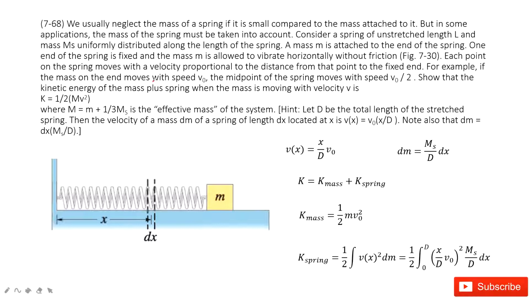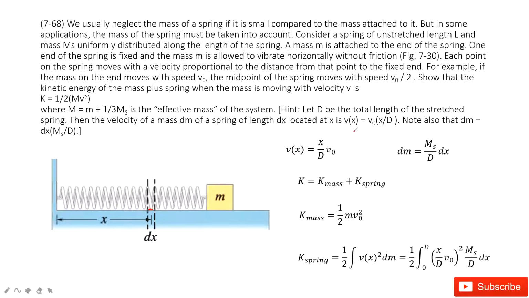It's given because you can see it tells us one end of the spring is fixed and the mass m is allowed to just do oscillation horizontally. No friction is considered, and each point on the spring moves at a velocity proportional to its distance to that point. So that means if we cut this spring into small fractions, the length of this fraction is dx, and the velocity for this fraction of the spring is vx.